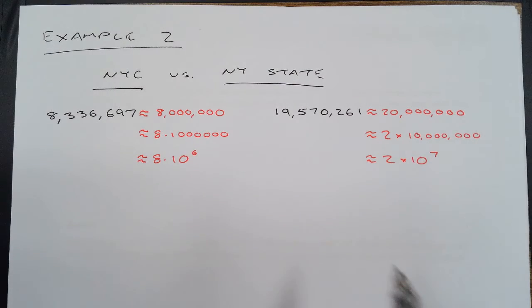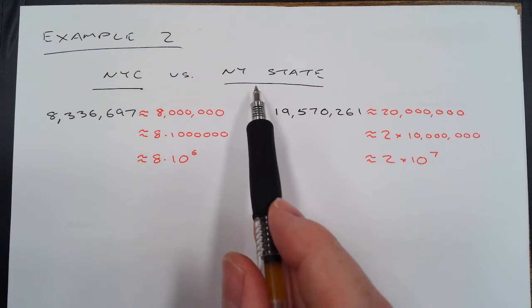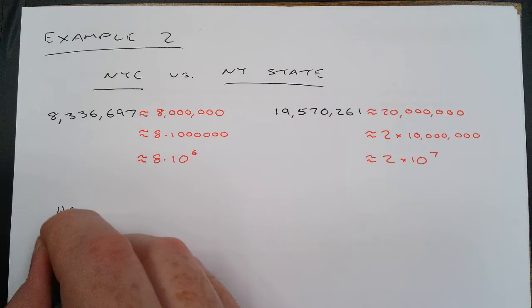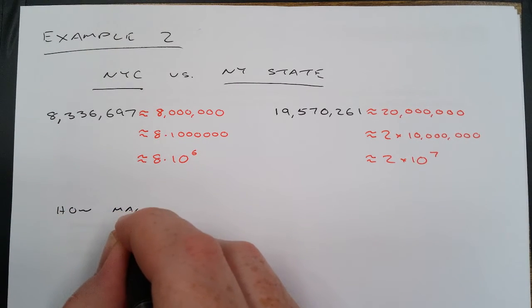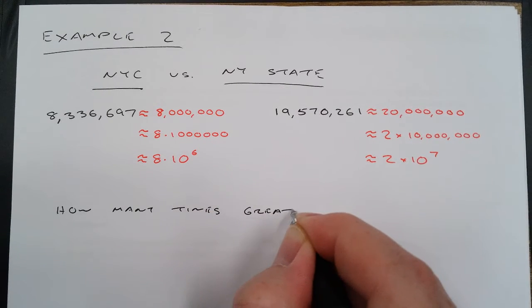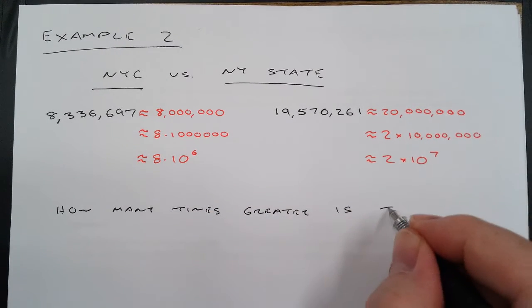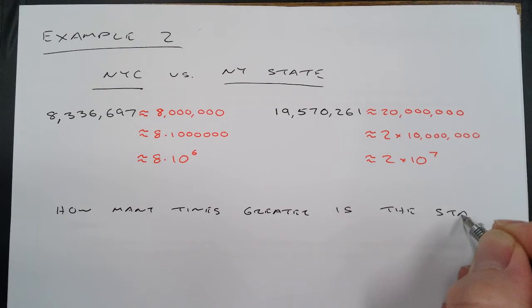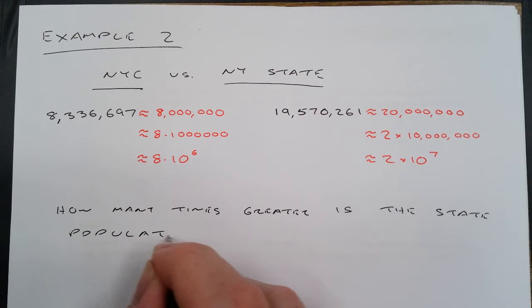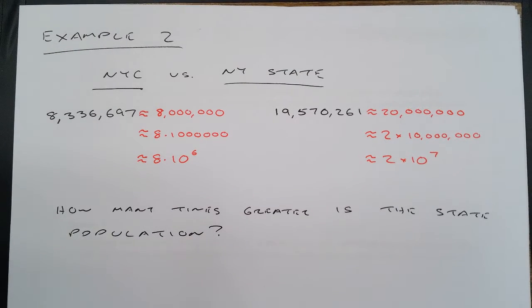So let's see. We want to know how many times greater New York State is. The question is, how many times greater is the state population? Now, I just noticed something. I don't know if you noticed, but I left out a word in the question.